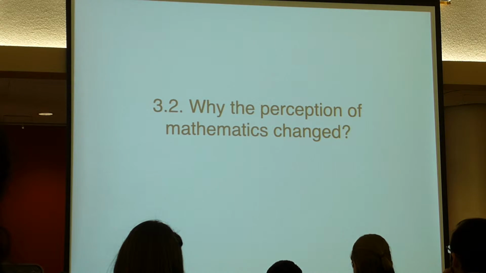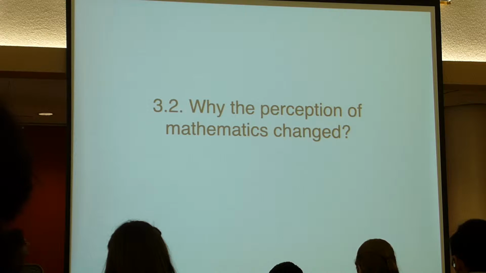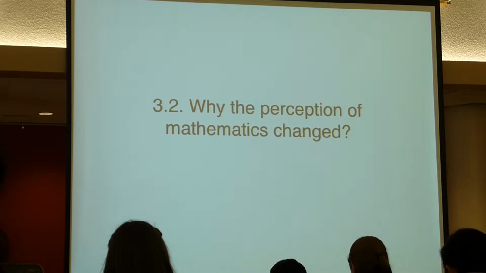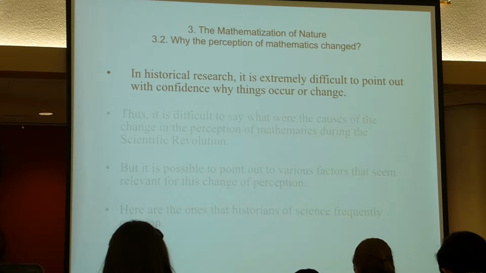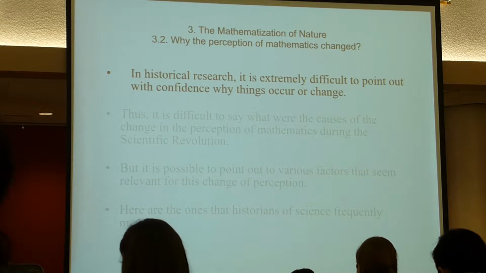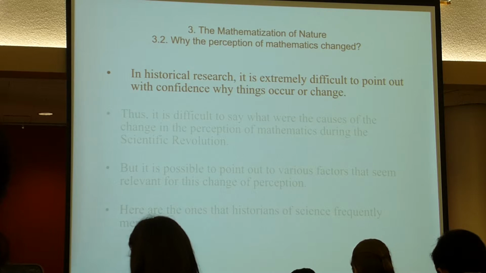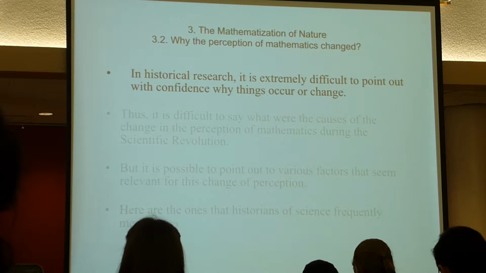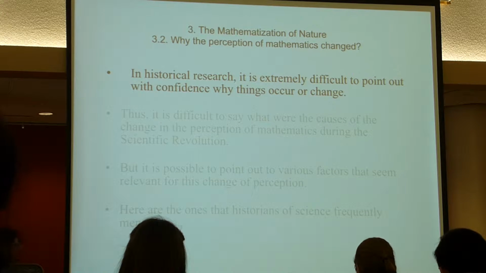Okay. Now, why did the perception of mathematics change? Big question and a difficult one. Now, in historical research, it's extremely difficult to point out with confidence why things happen the way they happen and why they change. If you ask historians, they will become nervous to say what is the cause of something.